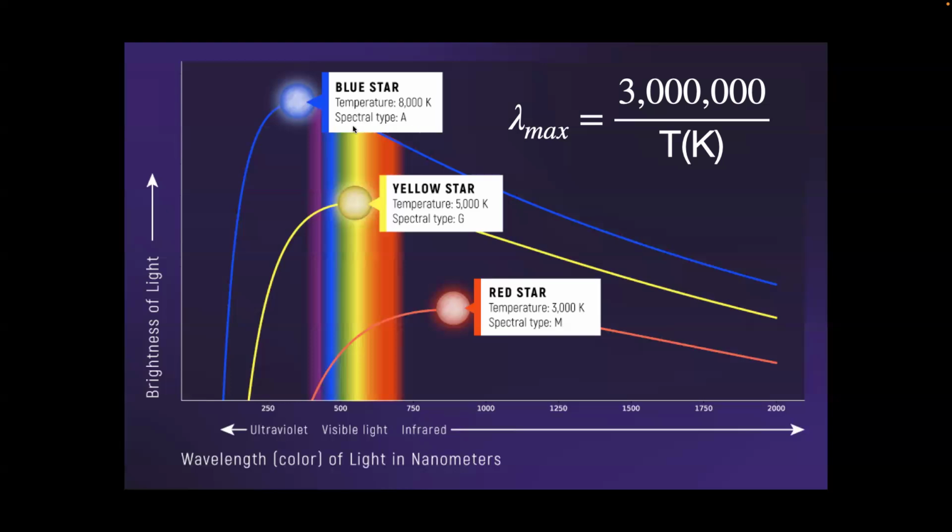I would call it a spectral type A. If we get something in the middle, like a yellow star in the middle of the visible spectrum, this is a star very much like our sun, a yellow star. It's about 5,000 Kelvin on the surface. But then we also have much cooler stars that peak in the infrared. And they're red stars, a lot cooler, a lot smaller, about 3,000 Kelvin.